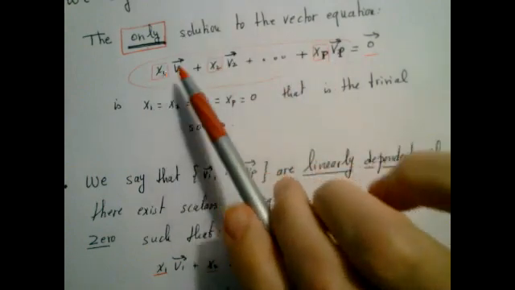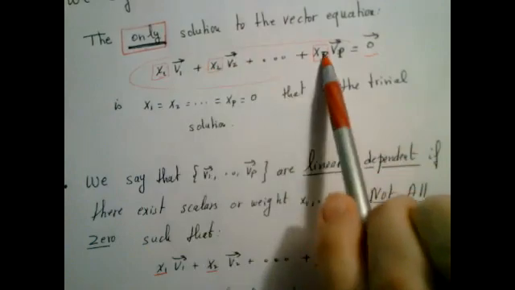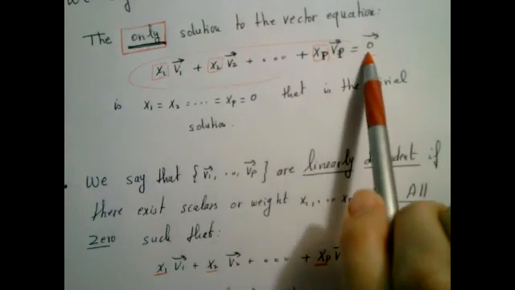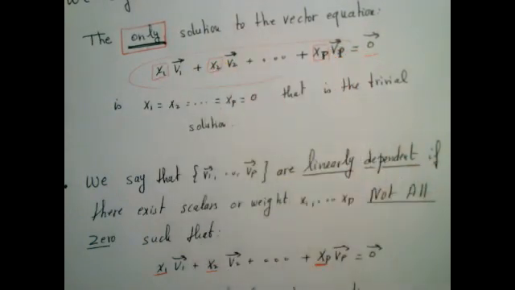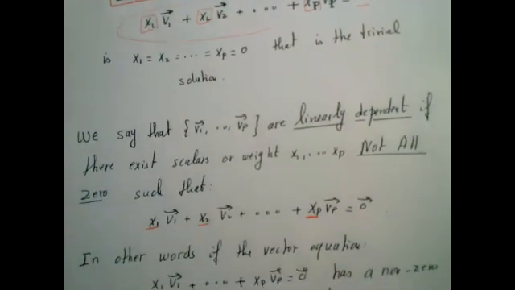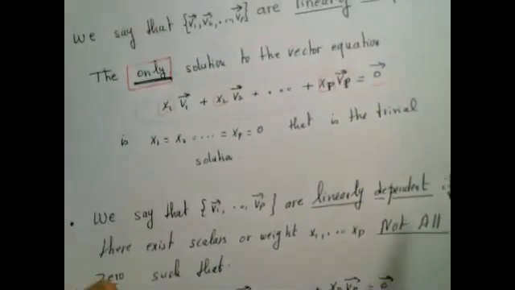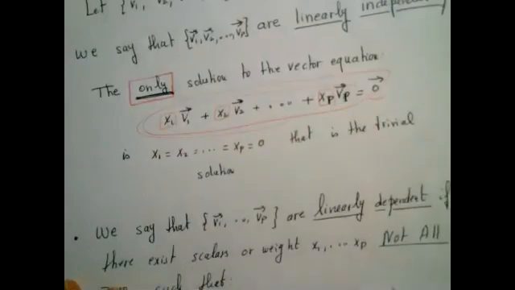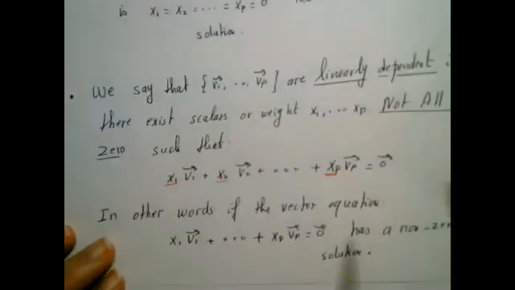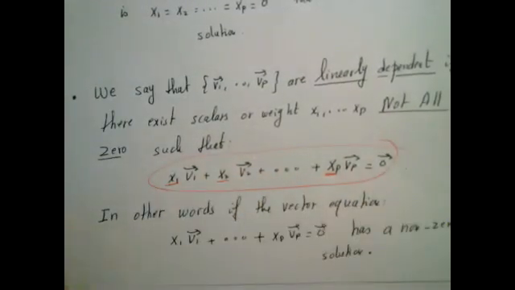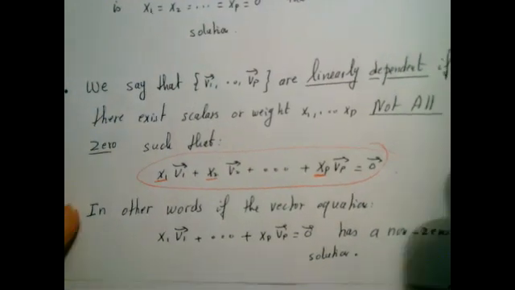Independent means the only scalars that make this combination the 0 vector are the 0 scalars. In other words, dependent if this equation equal to 0 has a non-zero solution. So independent means this vector equation has only the 0 solution. Dependent means this vector equation has a non-zero solution.